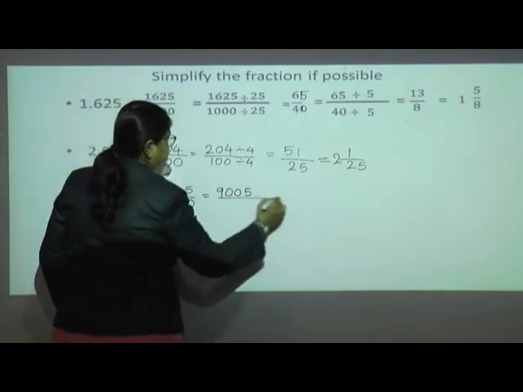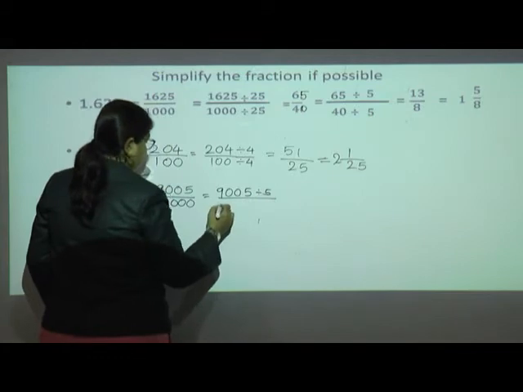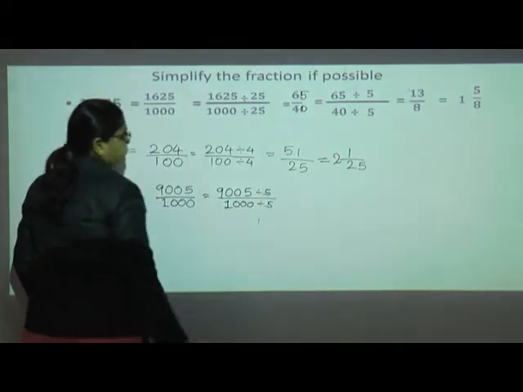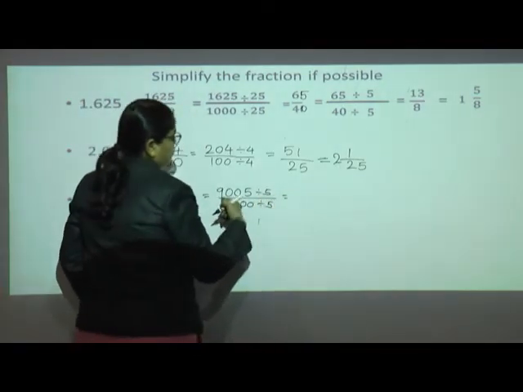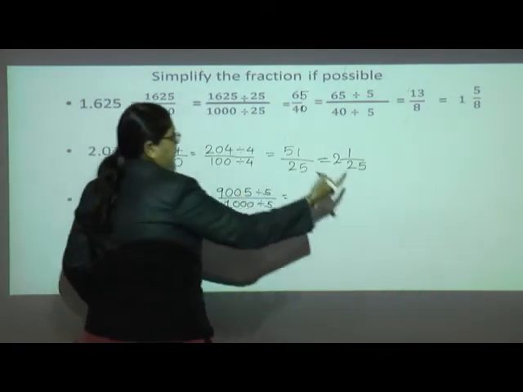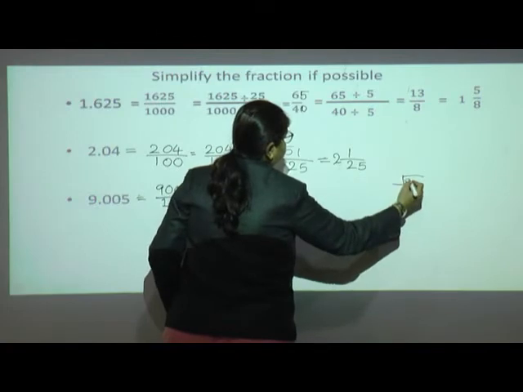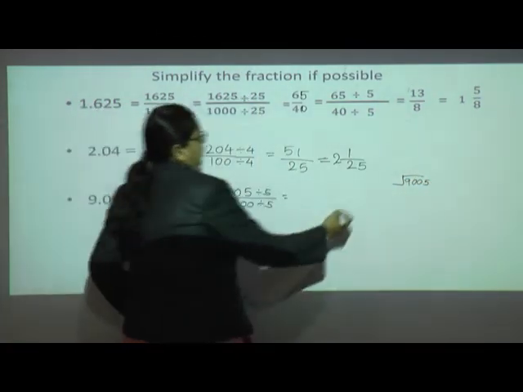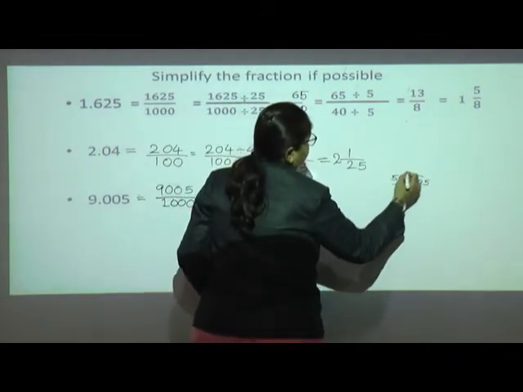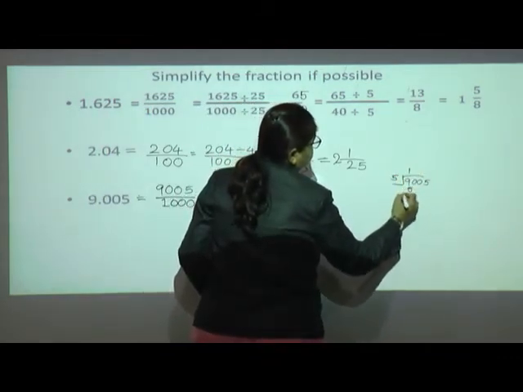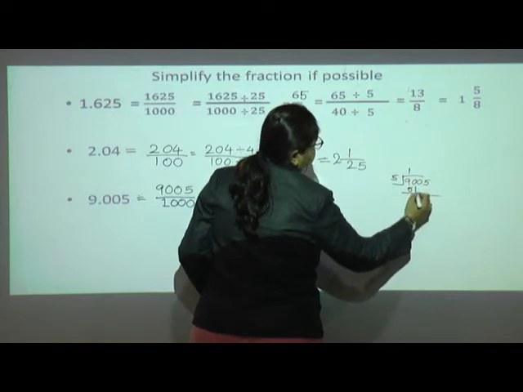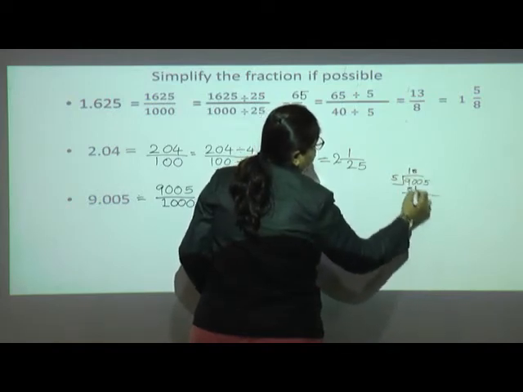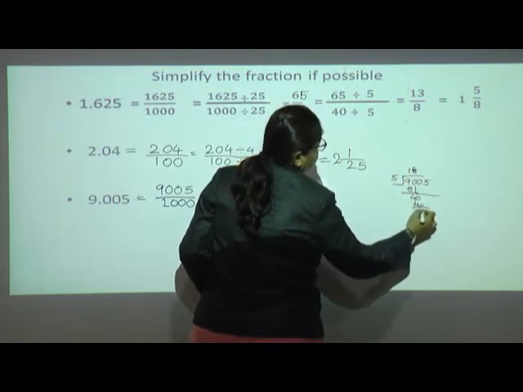9005 divided by 5. Here is 1000 divided by 5. Now if you want to do it directly, otherwise we will try so that all students can understand. 9005 divided by 5. 5 ones are 5. 4 is left. Get 0 down. 5 8s are 40. 0.